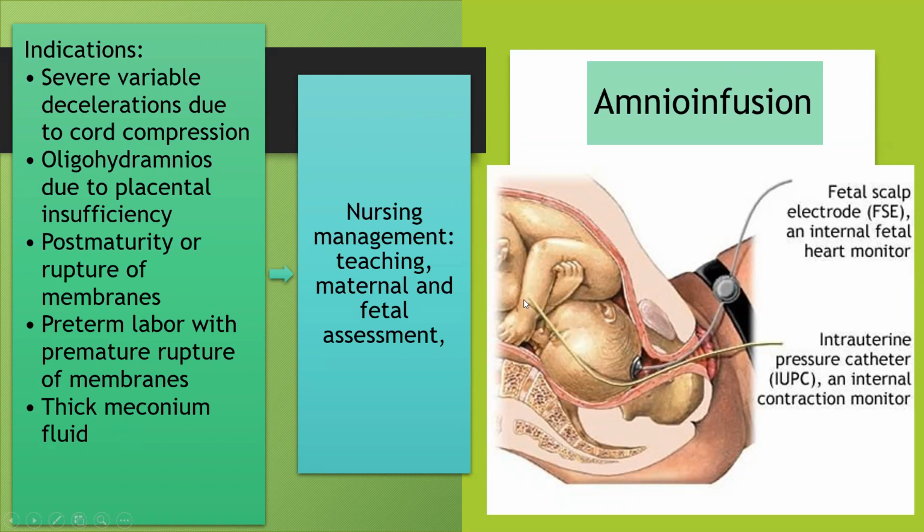So some of the reasons we might do this is if there's very thick meconium, we might want to thin it out just a little bit so that it decreases the chance of the baby taking a big deep breath of it. Or if there's too little fluid and it's causing variable decelerations in our fetal heart rate monitor, we can put some fluid back in and decrease the compression on that cord.